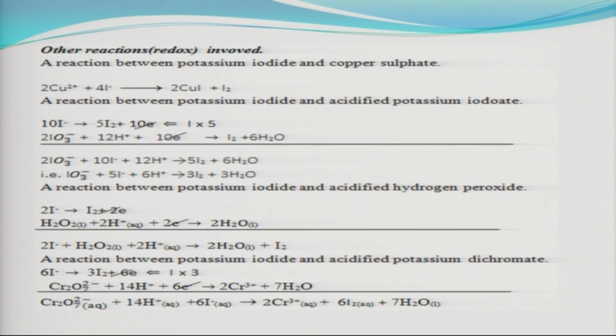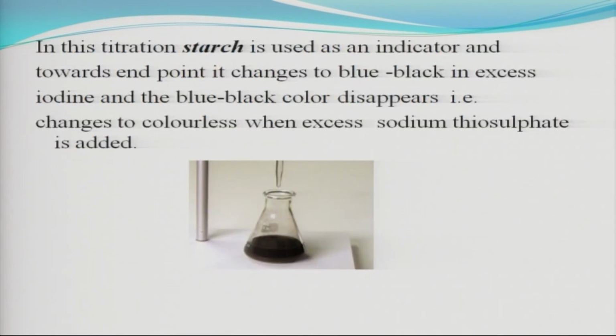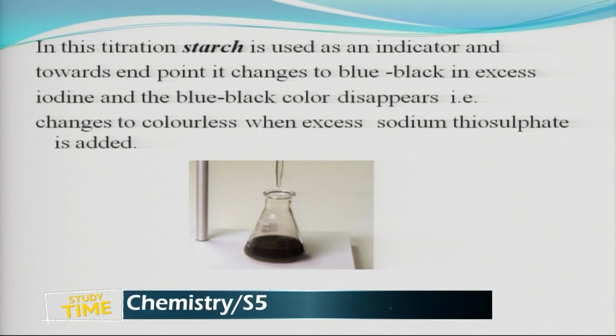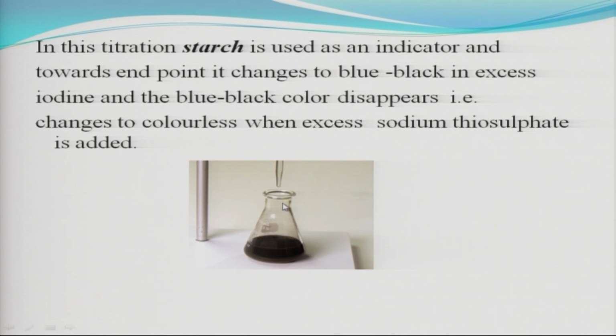In this titration, we use starch as our indicator. If we have excess iodine, our endpoint will be blue-black, as you see in our diagram. Then sometimes the blue-black color disappears or changes to colorless.